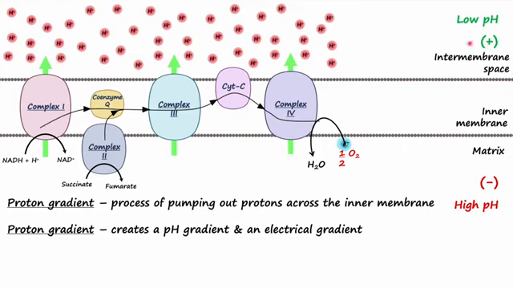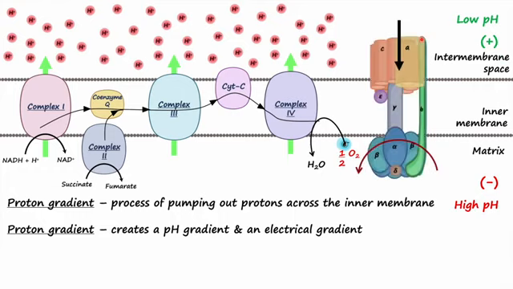And furthermore, both the proton gradient and the electrical gradient tend to attract these protons back into the mitochondrial matrix from the intermembrane space. So protons travel back into the mitochondrial matrix through a special enzyme called ATP synthase, which is also called complex 5.